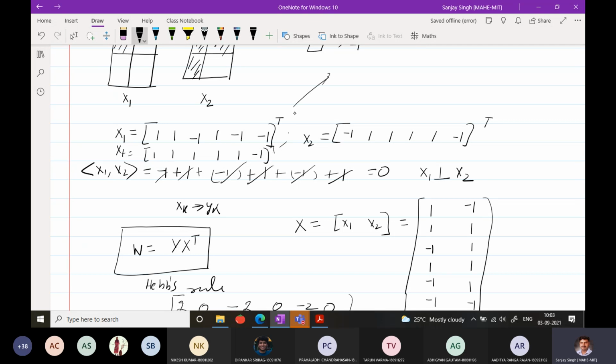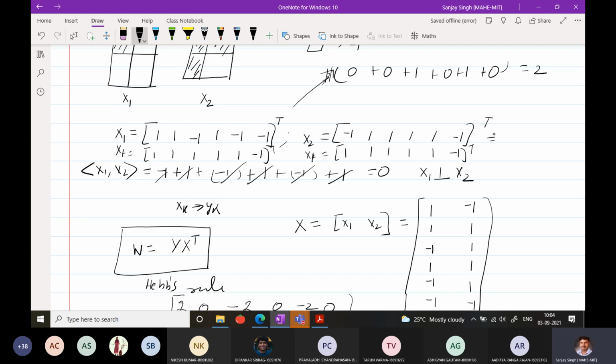So what will be the output? 0, 0, 1. Here differences are there: 0, 1, 0. Once you do this, find how many ones there are in this. You find 2. Now compare with xt, which is 1, 1, 1, 1, 1, -1.